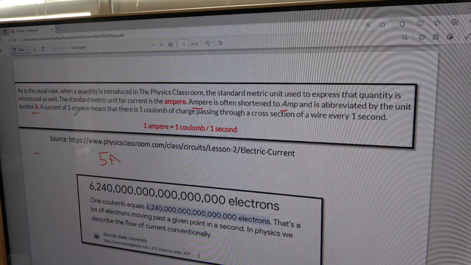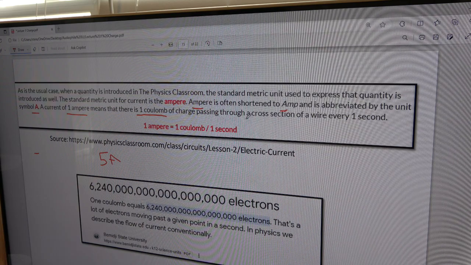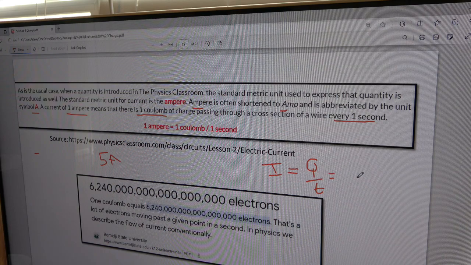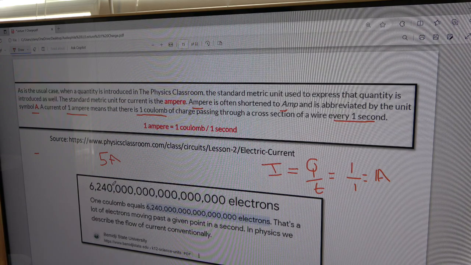So a current of 1 ampere means that 1 coulomb of charge passes through a cross section of wire every 1 second. I equals Q over T. 1 coulomb, 1 second equals 1 amp. Make sense? This is how current is defined.